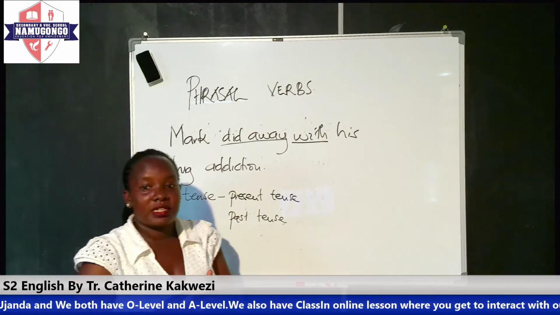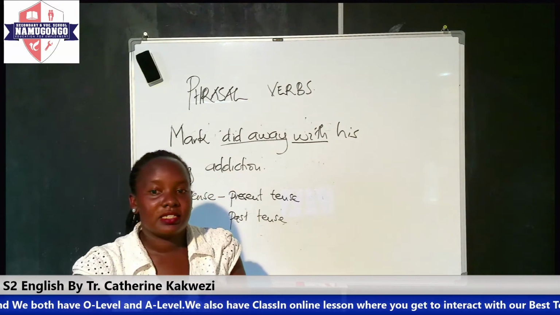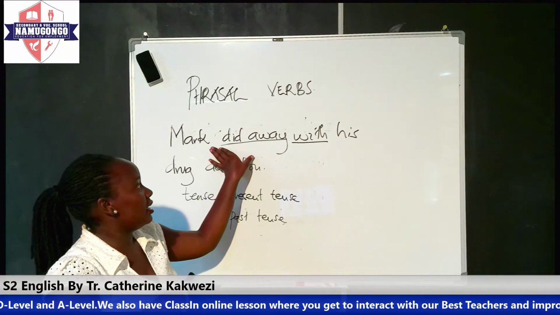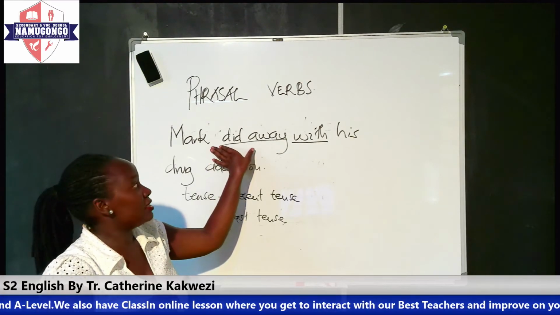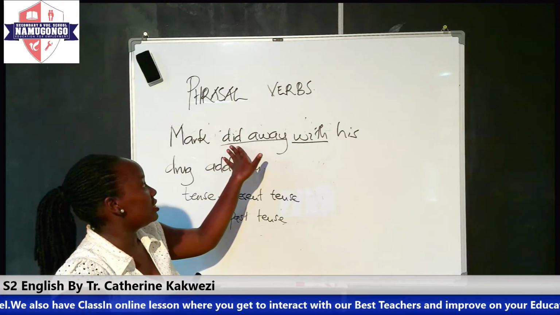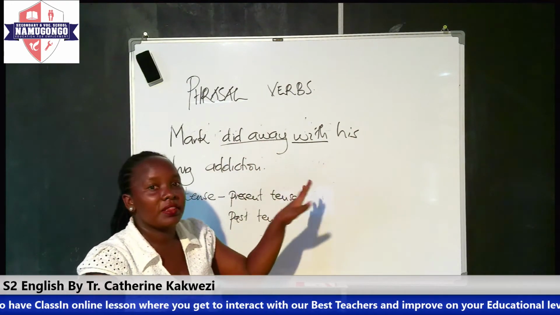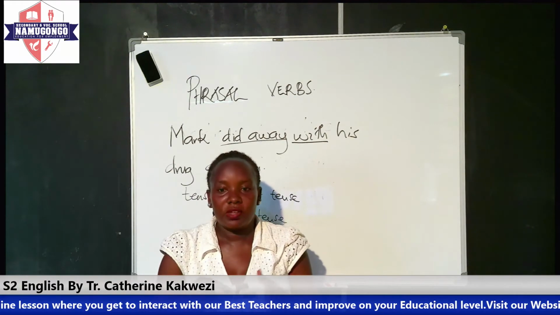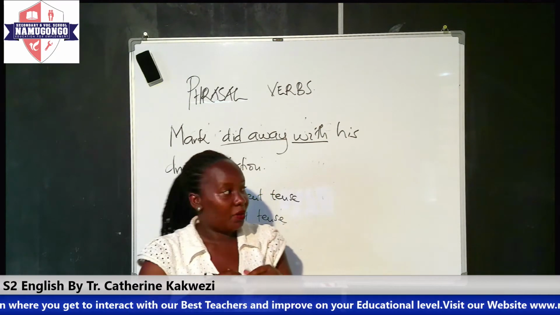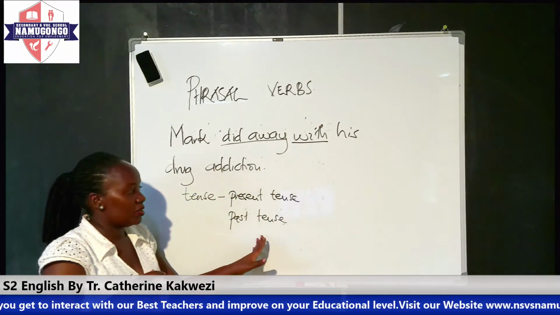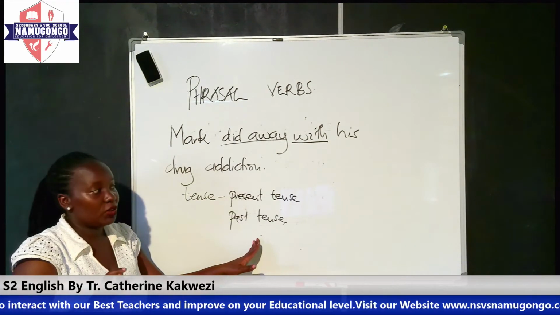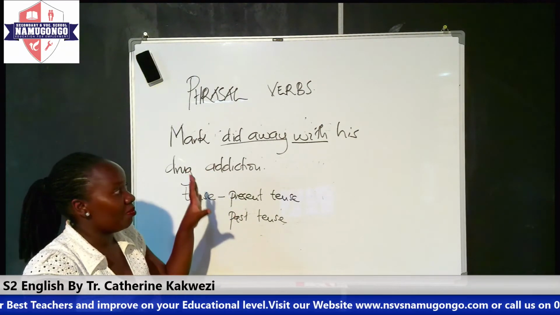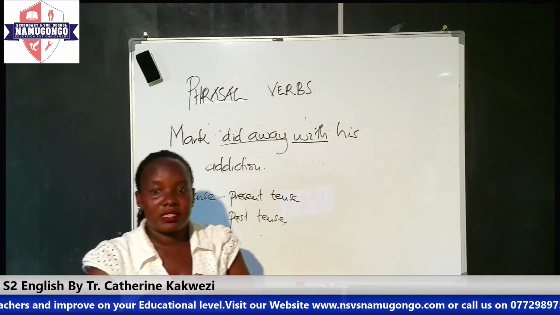For example, the example that we have here is do away with. However, because the tense is the past tense, we have changed it to did away with. That does not take away the fact that it still remains a phrasal verb. Alright, I'm hoping that you've got this very clearly. You can actually change the tense and it is okay. It still remains a phrasal verb.